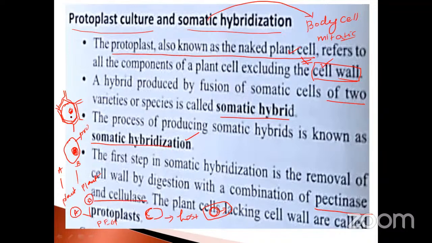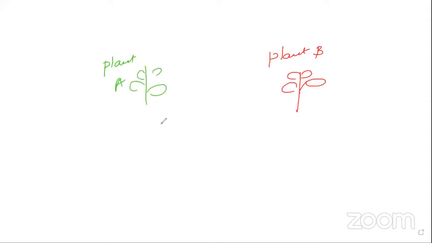Here I told you, the plant cell wall is made up of, just imagine, for example, plant A and plant B. So this is a plant leaf, and this one is also a plant leaf. A plant cell.